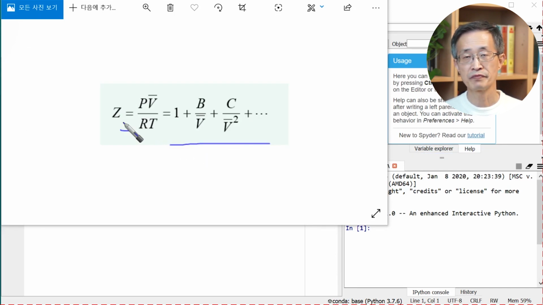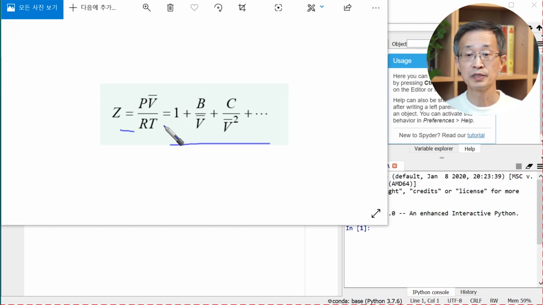The compressibility factor is expanded as a function of 1 over V-bar, the reciprocal molar volume. The first term is 1 because this is the ideal gas value. And then for real gases, B and C are not 0. So B is the second virial coefficient and C is the third virial coefficient.